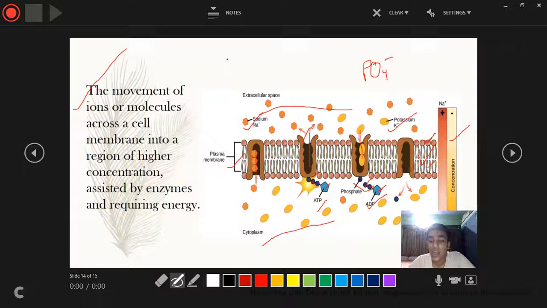In passive transport, movement goes from a region of higher concentration to lower concentration. In active transport, it goes from lower concentration to higher concentration. This is the main difference. And one more difference: passive transport does not require any energy, but active transport requires energy. So it is from low concentration to high concentration, right?